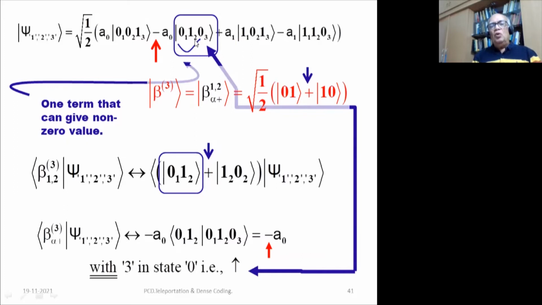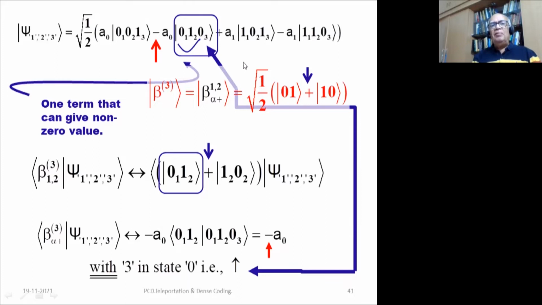And notice that qubit number 3, which is with Bob, is in the state 0. Okay. So the term which gives you minus A0 gives the state of qubit number 3, which is in possession with Bob, and it is in the state 0.